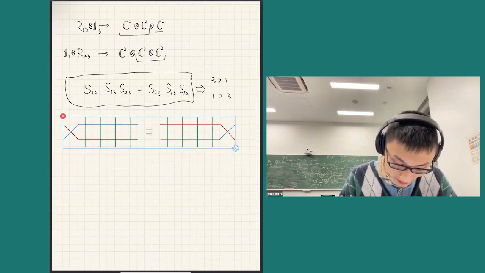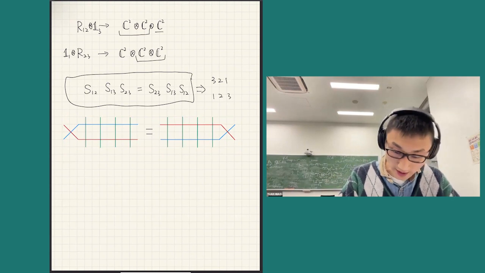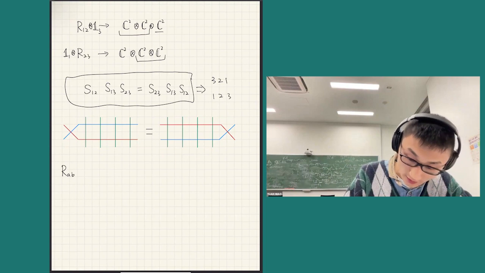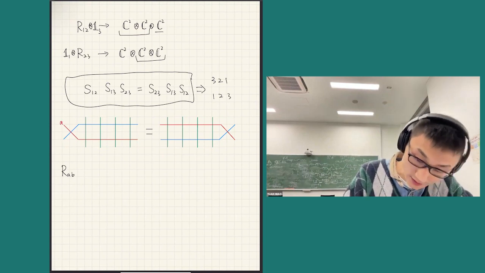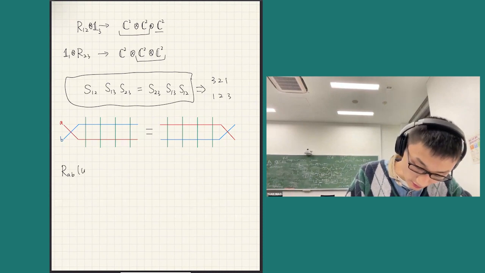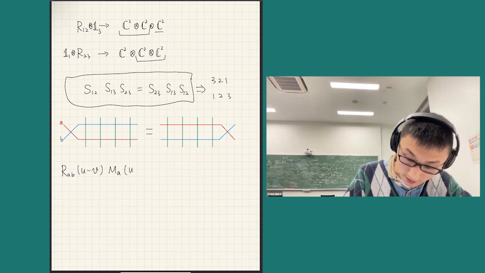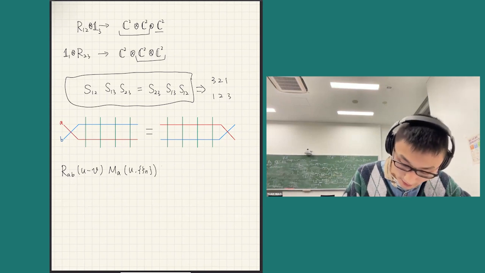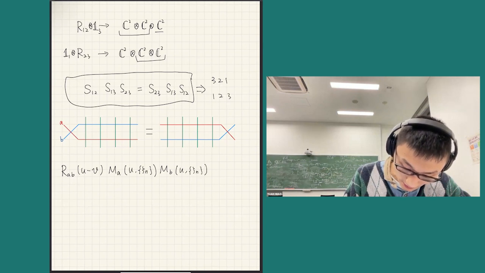So what this diagram means is that if I have an R matrix here, which is called R_AB, so this is A and this is B. So R_AB at u minus v acting on this M_A(u, psi_n), and here I have M_B(v, psi_n).